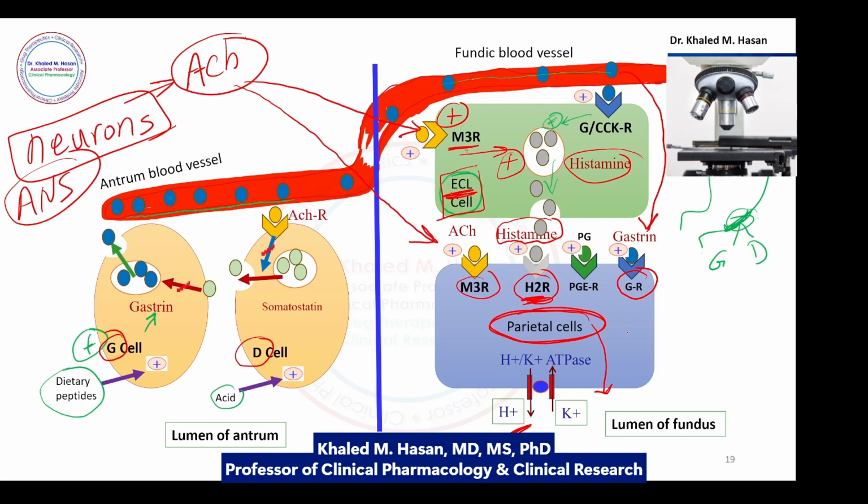How many receptors do we have in the parietal cells? We have four main receptors, as you can see here. We have the muscarinic receptor, the M3 receptor. We have the histaminic receptor, the H2 receptor. We have the gastrin receptor. And receptor number four, we have the prostaglandin receptor. I will repeat it: muscarinic receptor, histaminic receptor, prostaglandin receptor, and gastrin receptor.